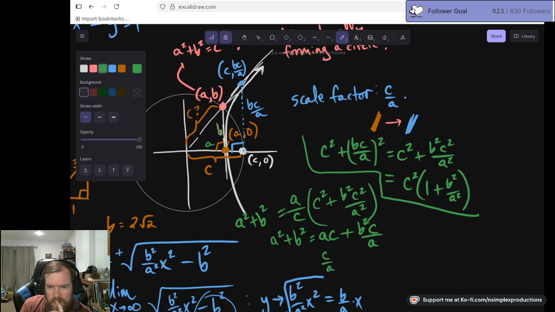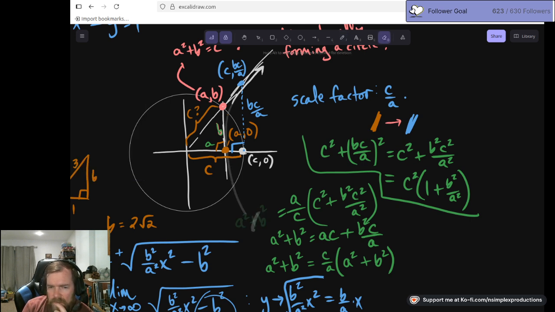C over a multiplied by this will get us a squared, and this will get us b squared. I did something wrong here, because otherwise this doesn't make any sense. This implies that c over a has to be 1, which is not true.